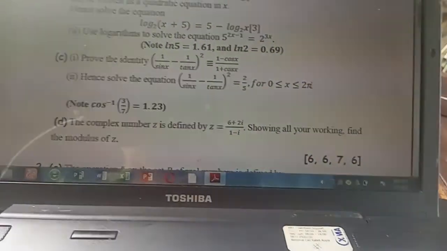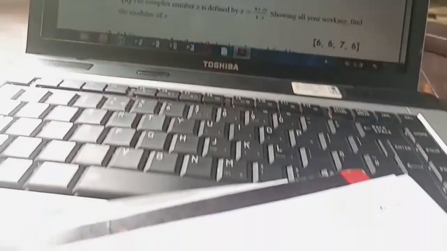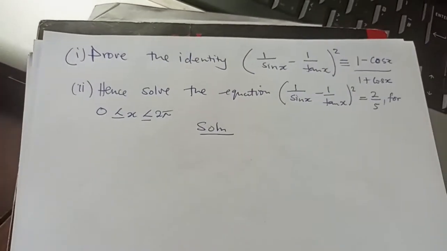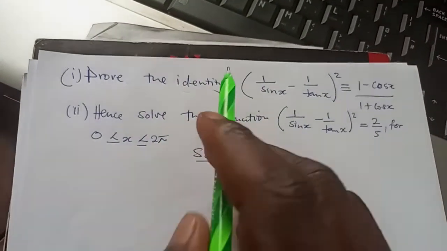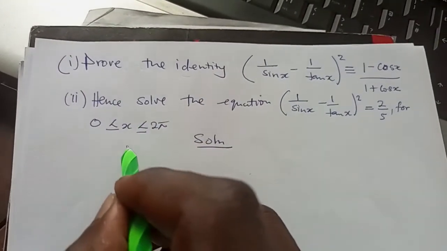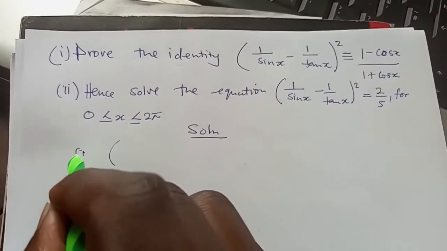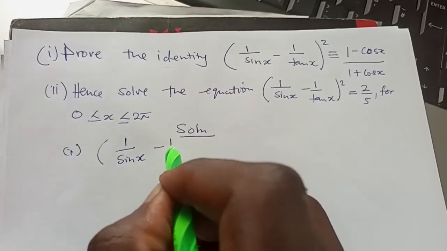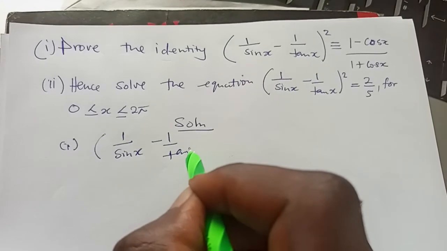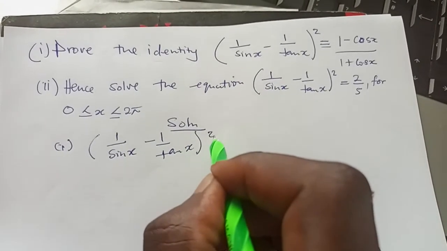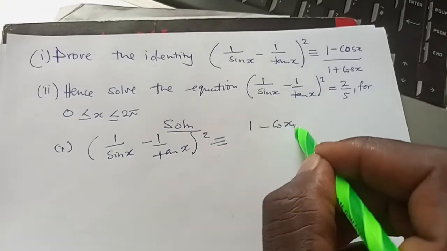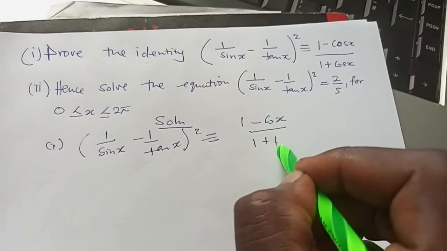Right, so prove the identity. What identity are we proving? We are saying (1/sin x − 1/tan x)² is equal to (1 − cos x)/(1 + cos x).